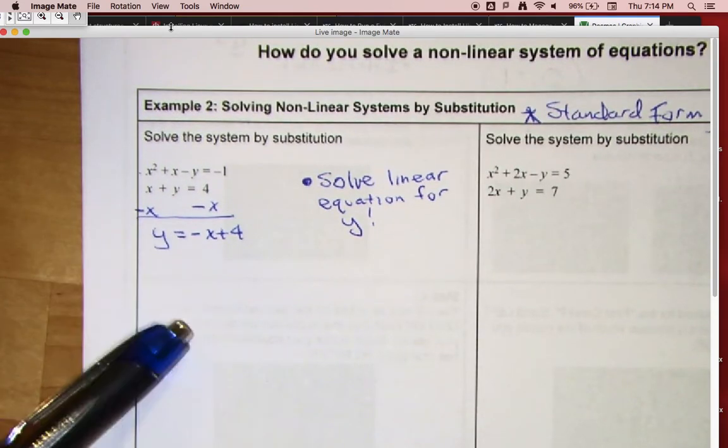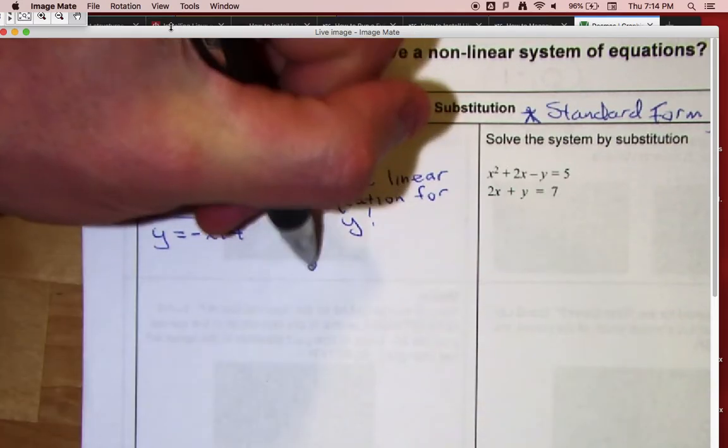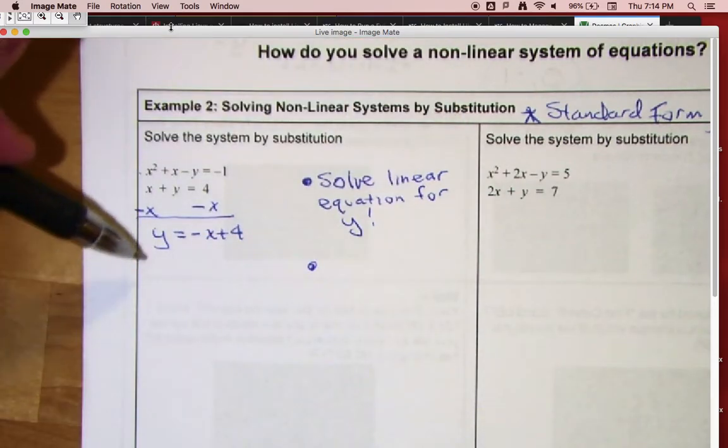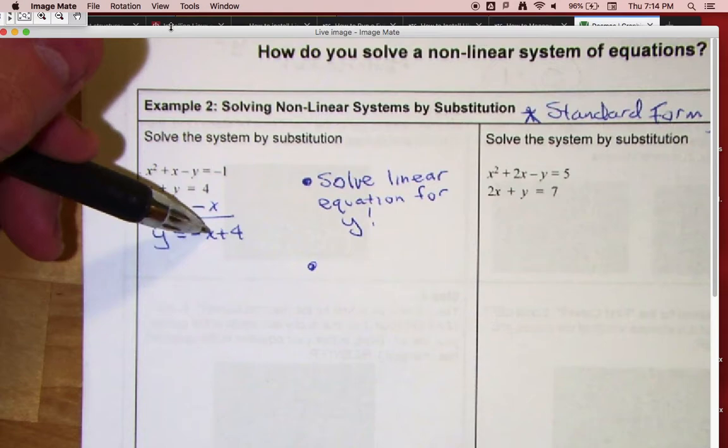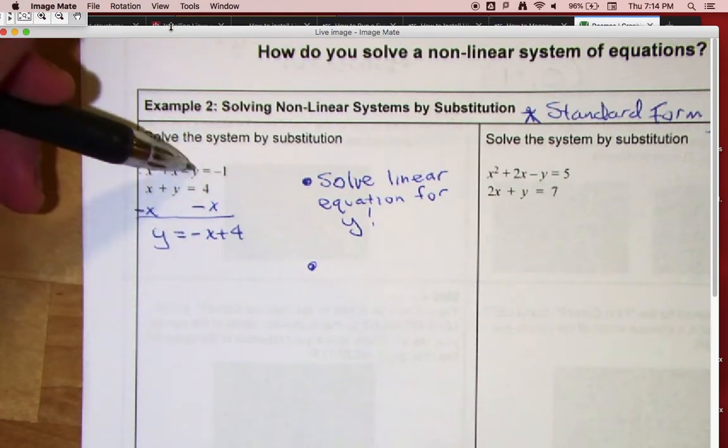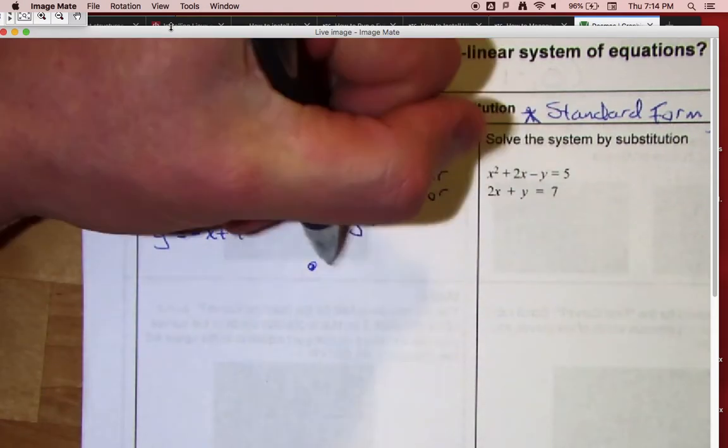The next thing we want to do is substitute this, the negative x plus 4, in for y into the other equation.